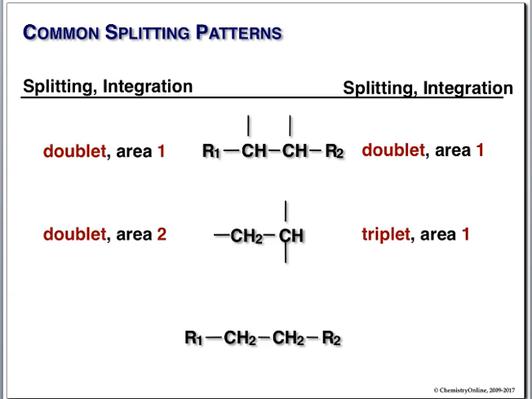This guy, 2 hydrogens, so area 2. How many hydrogens is it next to? 2. How many peaks? 3. This one, the same thing. Area 2, next to 2 hydrogens, triplet, area 2.